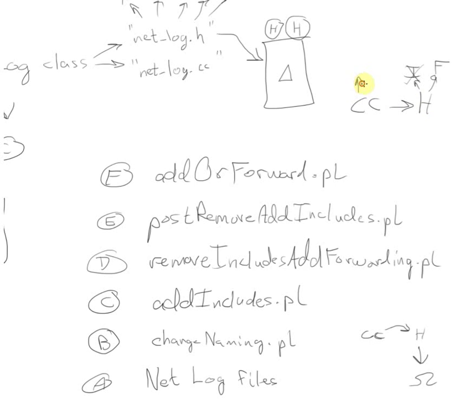So what that means is you're going to have to add the include to the CC. So there was a whole other layer here of what I called post remove add includes.pl.